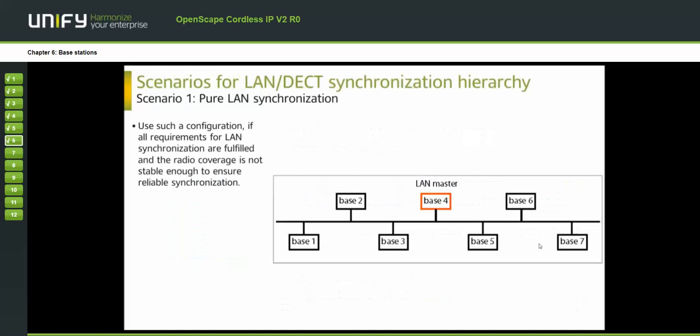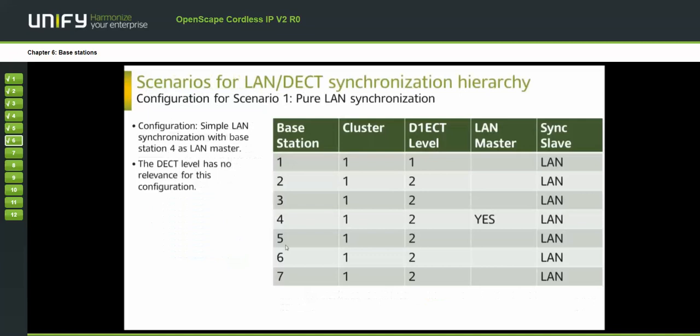In the configuration for scenario 2, in that case we have to put base station number 5 on DECT level 1 and then correspondingly distribute the other cells on DECT level 2 or DECT level 3. I think we have 3 here as well.